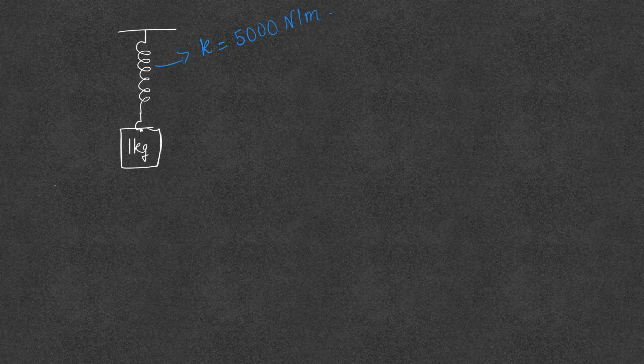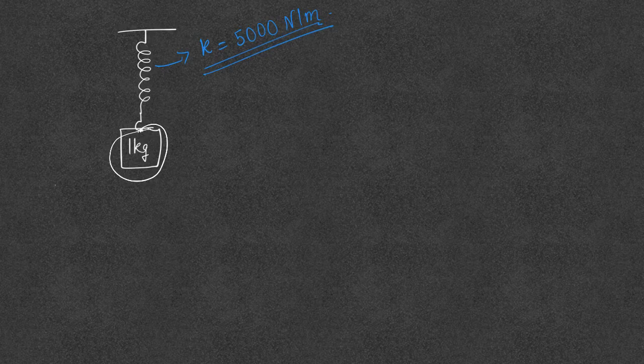Now let's try to solve a very simple sum. In this sum we have a spring with a spring constant of 5000 Newton per meter. As we have mentioned earlier, every spring has a spring constant. I have attached a 1 kg weight to this spring.